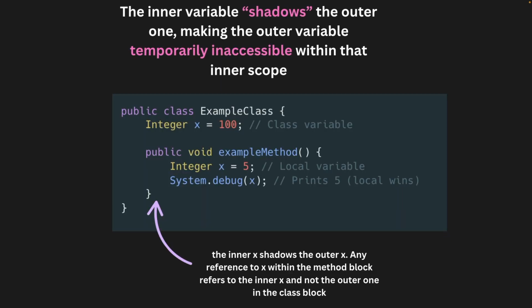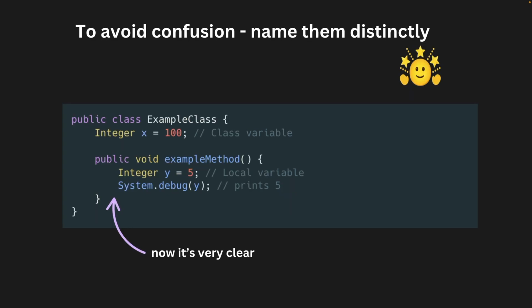The inner variable shadows the outer one, making the outer variable temporarily inaccessible within that inner scope. In this example, the inner x shadows the outer x. So any references to x within the method block refer to the inner x and not the outer one in the class block. So to avoid confusion, just like we did earlier, name things distinctly. That'll make it very clear what variables we're referencing and avoids any confusion or bugs in the long run.